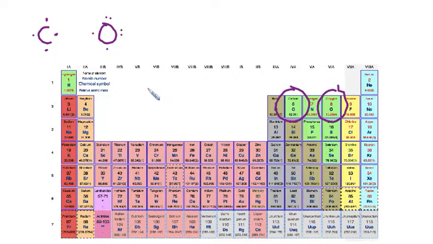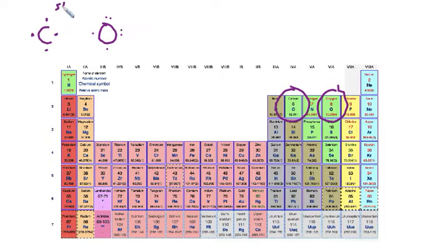So carbon is in a strange place in the periodic table, being in the middle between the metals over here and the non-metals over here. So carbon doesn't tend to lose or gain electrons to become an ion. It tends to share.